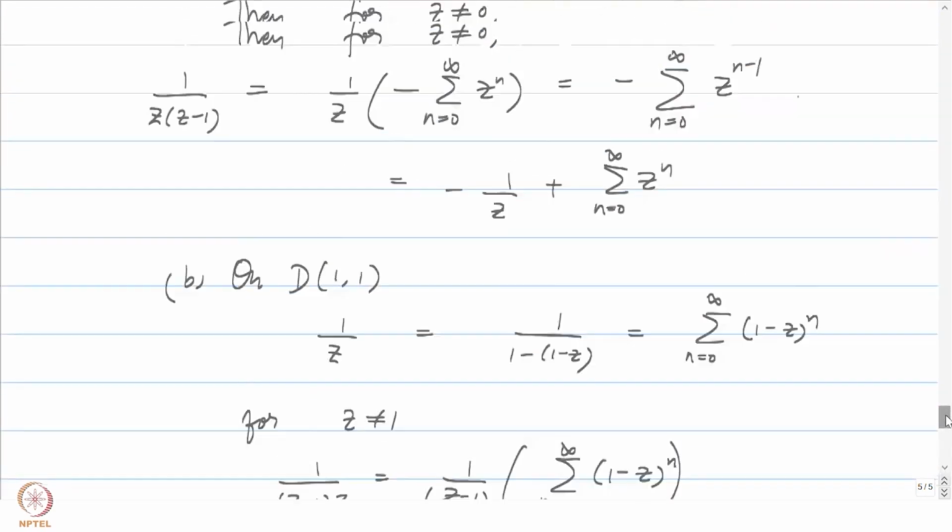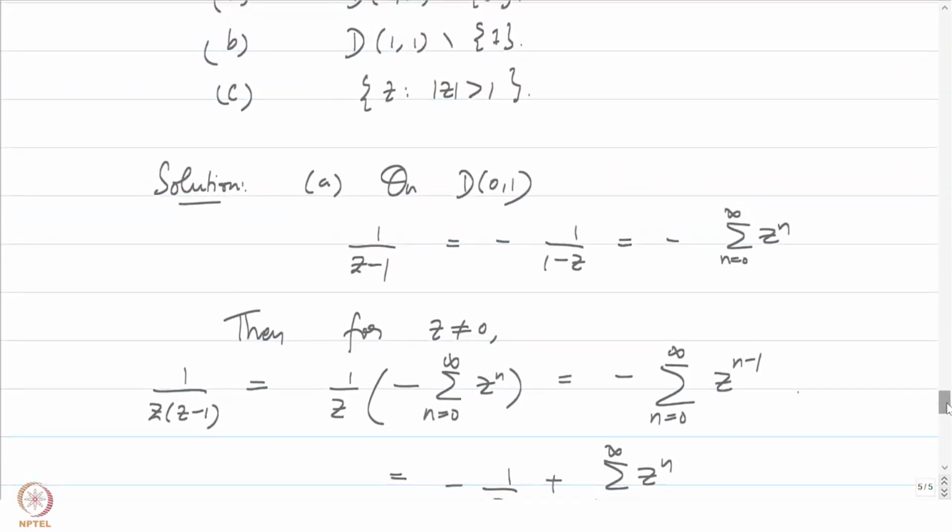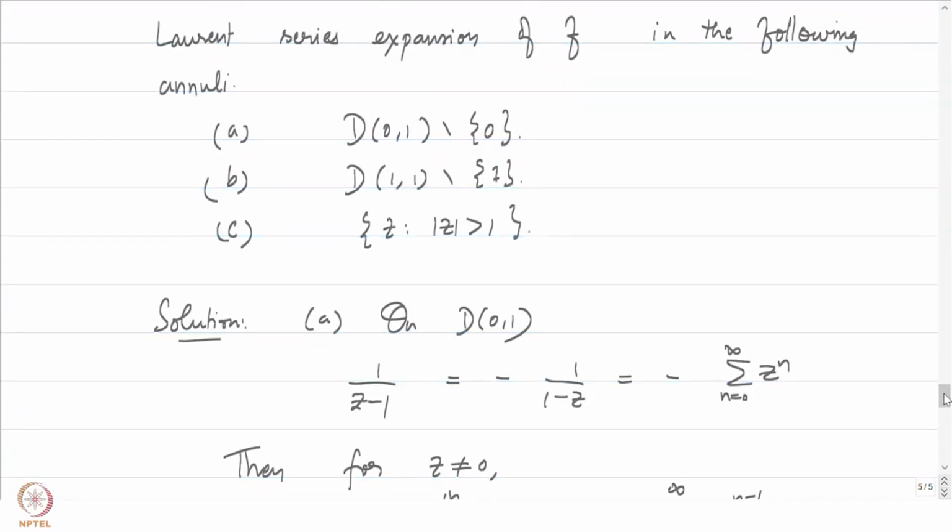Now that's the case with annuli which are having different centers. So this is an annulus which is centered at 0, this is an annulus which is centered at 1. But this annulus and this annulus both are centered at 0, if you notice. This is actually nothing but A(0,1,infinity), the annulus which has r1 equal to 1 and r2 infinite.